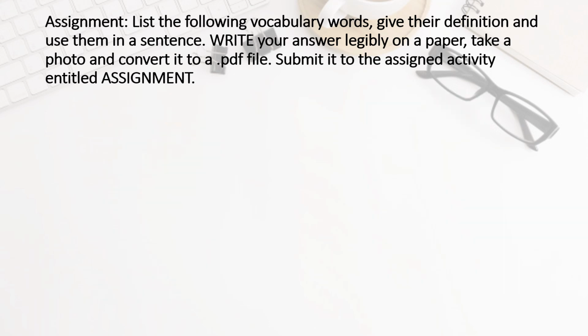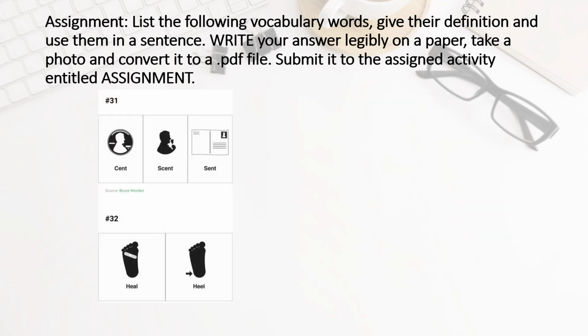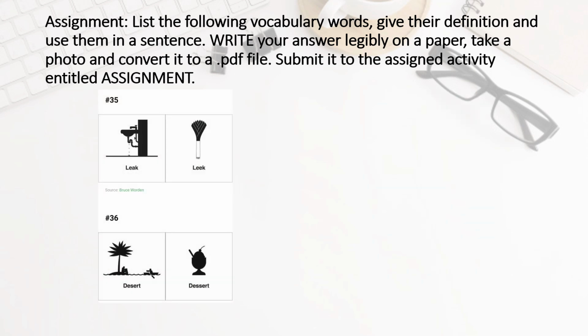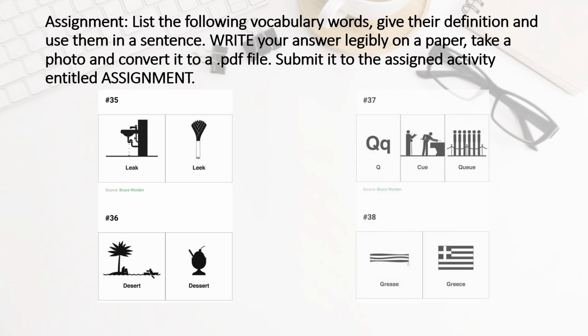The next one, you have examples 31 and 32, 33 and 34. Next, 35, 36, and the last one, 37 and 38. Again, take a screenshot or take a photo of the following vocabulary words.